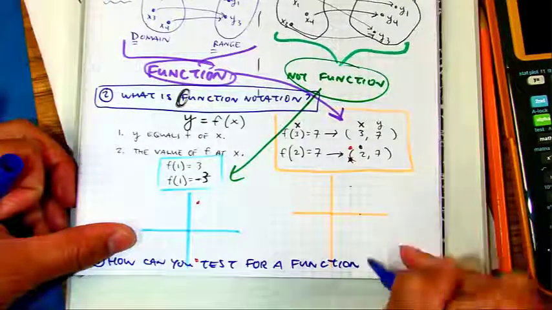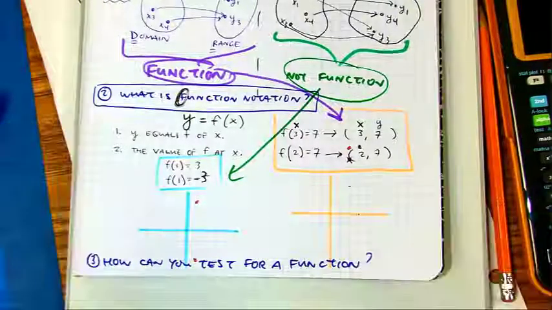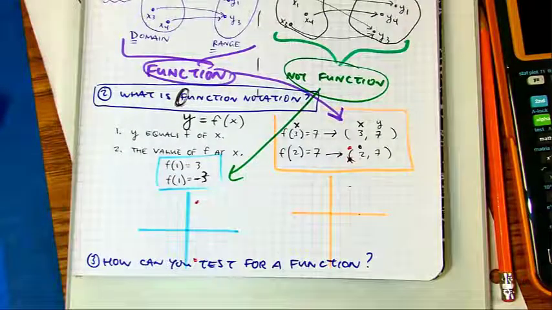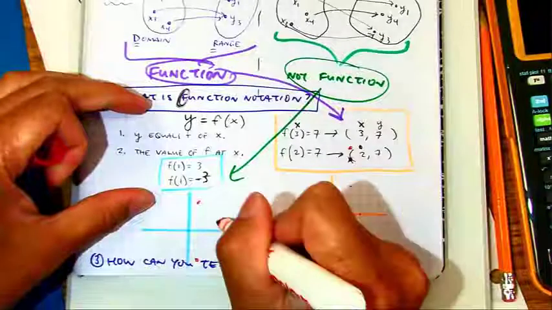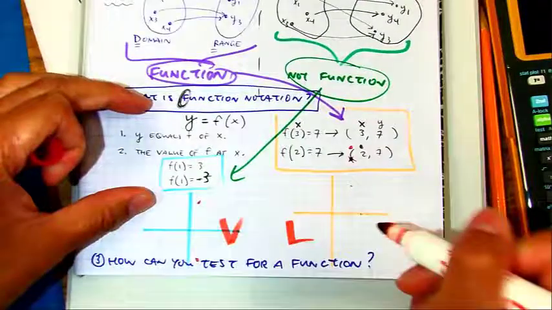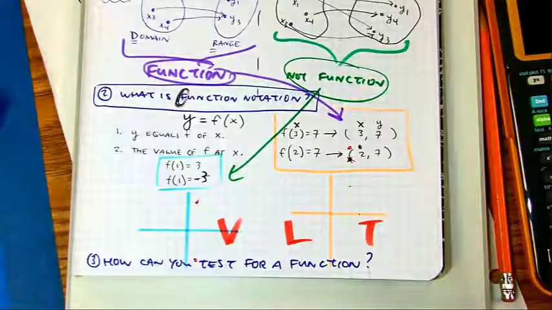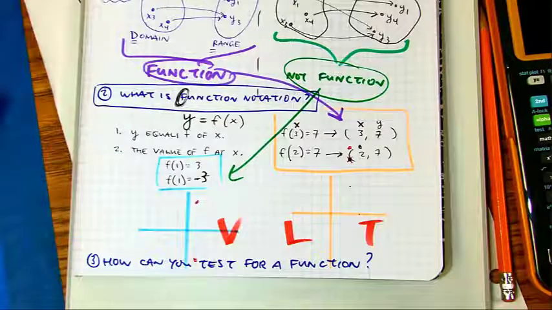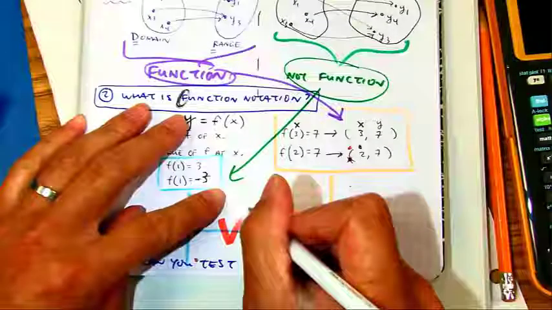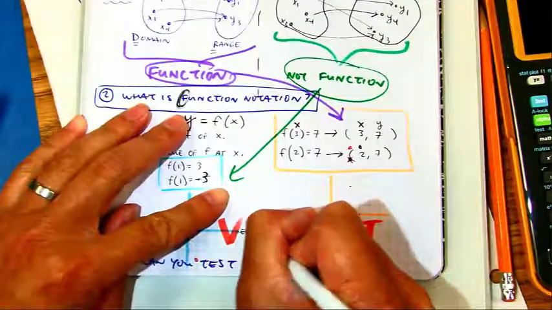Okay, a vertical. And the reason why it has to be vertical, because guess what? What's the other direction? In this class, there will be an application of a horizontal line test. So vertical line test. Vertical line test. Let me show you how it works.